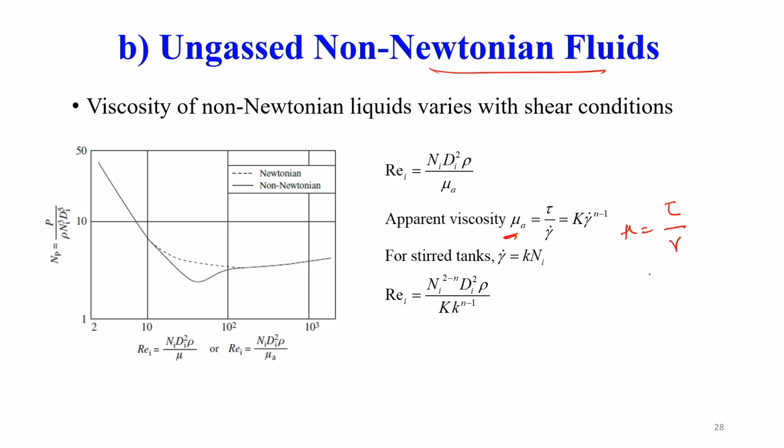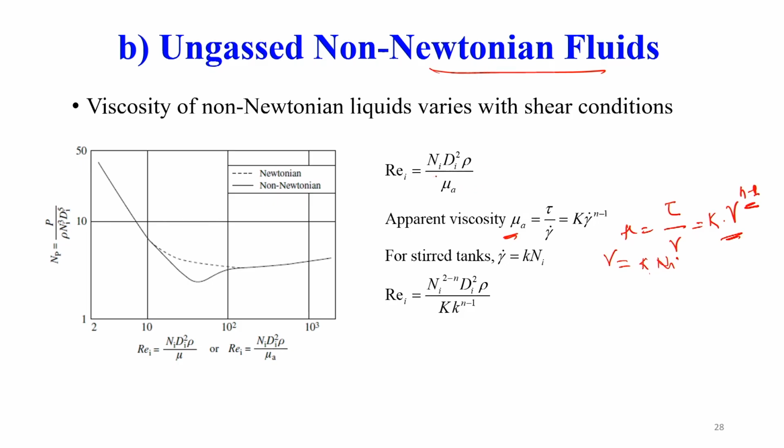Now for the apparent viscosity, what we are going to write is a constant K into shear rate to the power n minus 1. So in this way we are going to modify it, and see how shear rate is defined. Shear rate depends on the RPM, small k constant into Ni RPM.